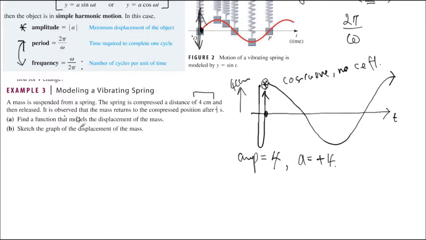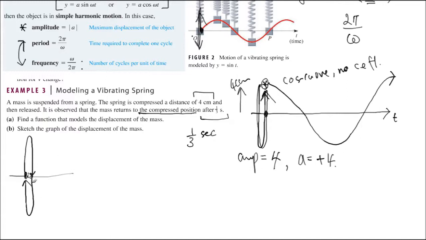What else do we know? It is observed that the mass returns to the compressed position after 1/3 second. If it came back to the compressed position, is that one cycle? That's one cycle. Let me say this: if it starts at the equilibrium position, rises, and comes back to the equilibrium position for the first time, is this one cycle? No, this is not one cycle. You have to go below and come back up to the original position.